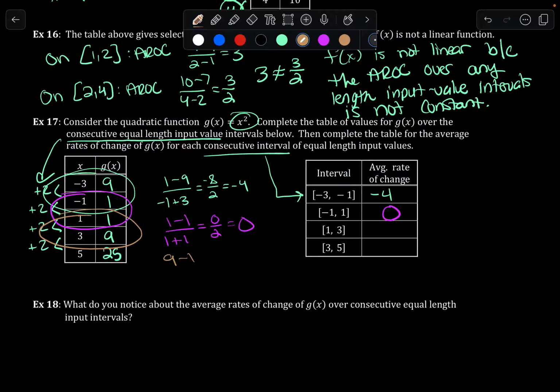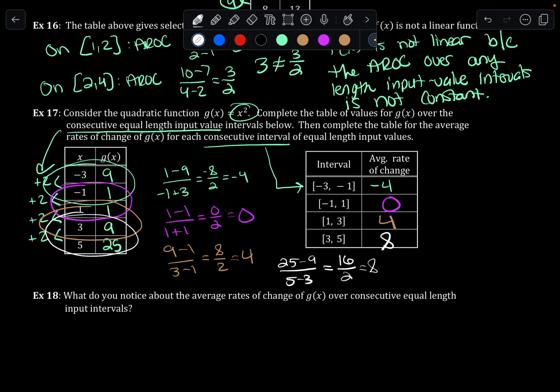So we'll have 9 minus 1 divided by 3 minus 1, which is equal to 8/2, which equals +4. And the last pair of points, we'll have 25 minus 9 divided by 5 minus 3, which is equal to 16/2, which is equal to 8.